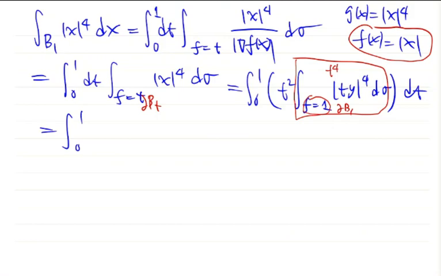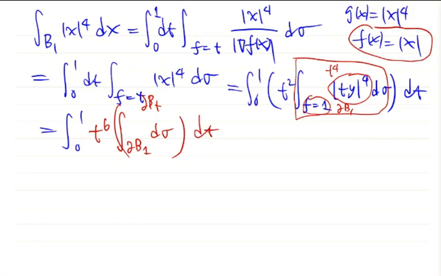So y in the boundary of B_1, the unit sphere, the norm of y is 1. Therefore, this is just t to the 4. So altogether we have t to the 6, and then the integral over the unit sphere dσ, then dt.